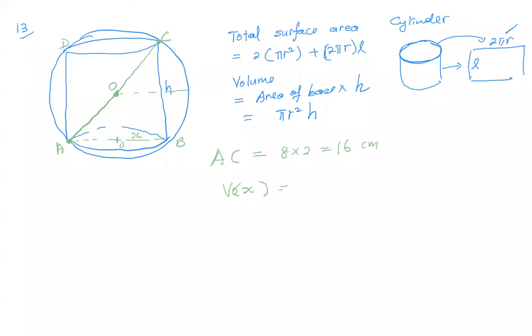Okay, in terms of x. So it will be pi, the radius is x, square, h. Okay, in a formula, can I have 3 variables? No.